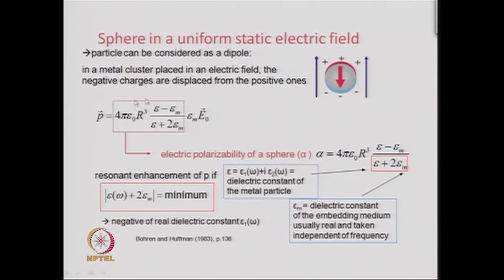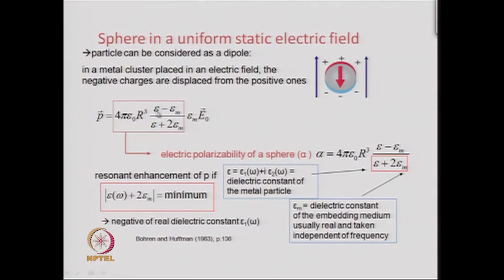And then you can write this equation where this whole quantity is the electric polarizability, where epsilon is the dielectric constant of the particle and epsilon m is the dielectric constant of the medium. And E naught is the applied electric field from the electromagnetic radiation.